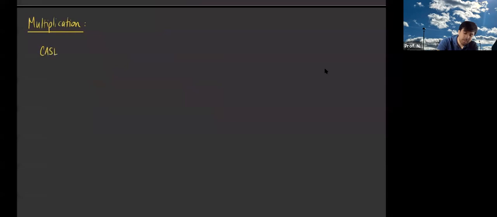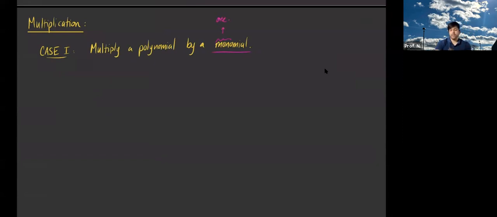So the first case, case 1, is when you multiply a polynomial by a monomial. Okay, so what does the word monomial mean? Well, remember the prefix mono means one. So monomial is one term.